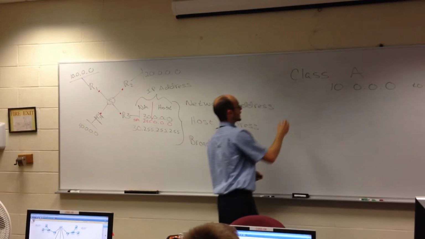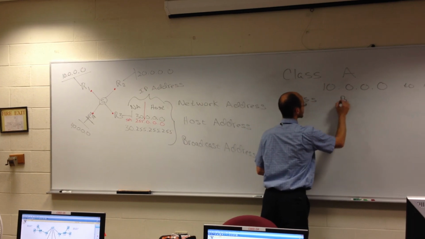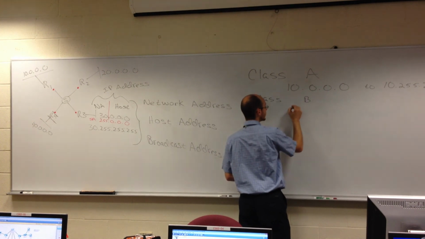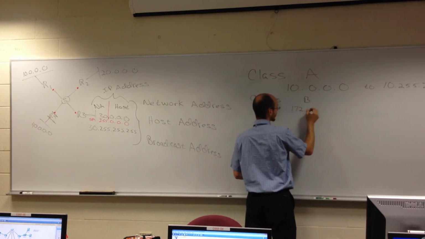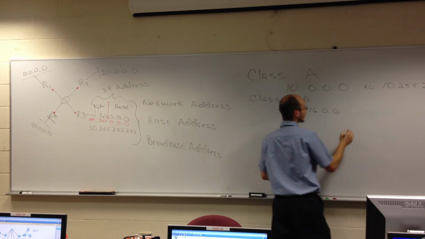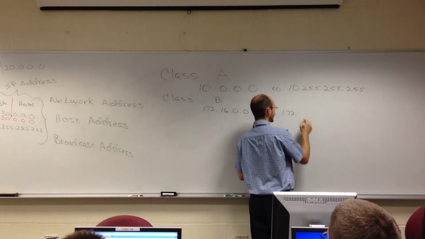Class B's private address is a little goofy. Next week, I'll show you guys how to look at it in binary and make sense out of it. It's going to be 172.16.0.0 all the way up to 172. I've got to try to remember this one.